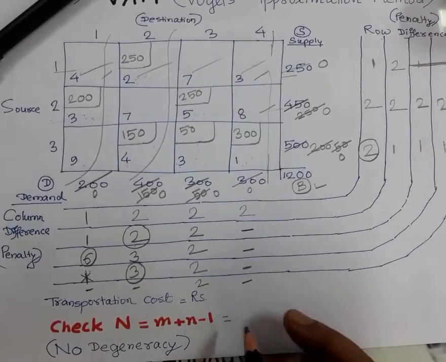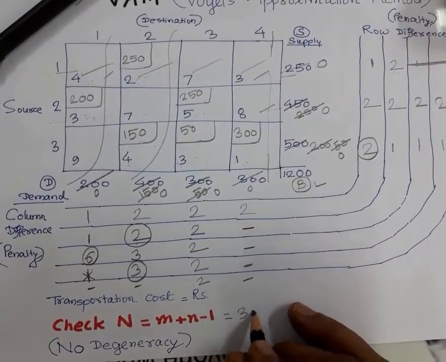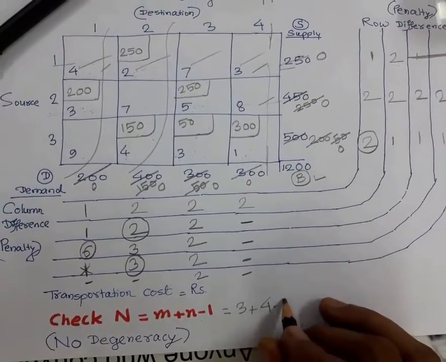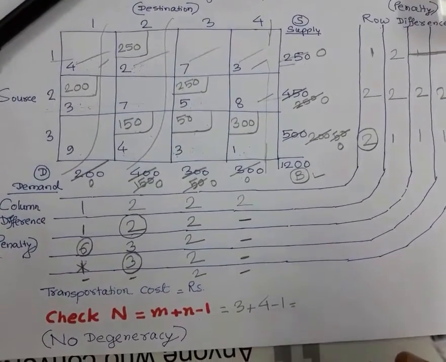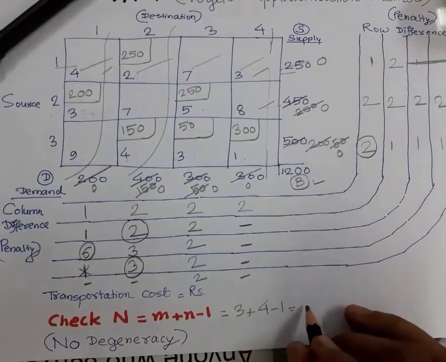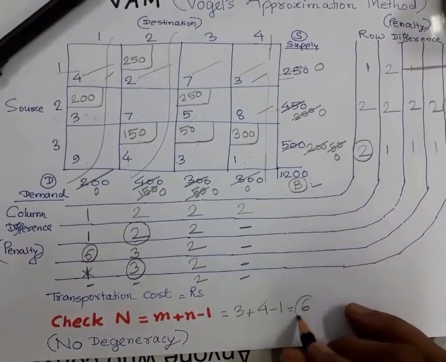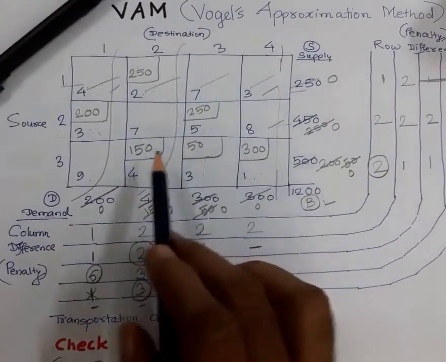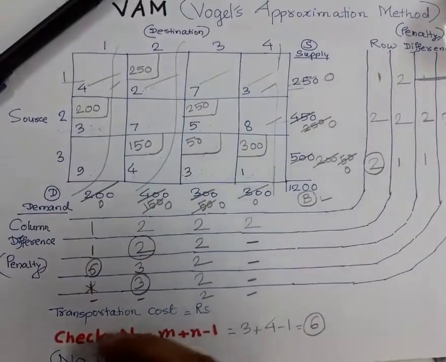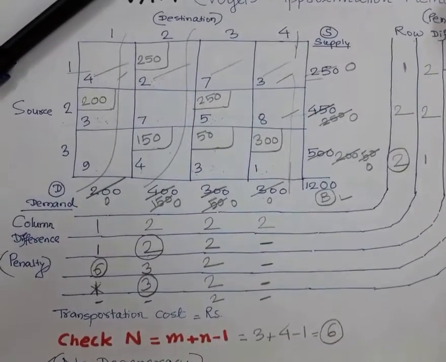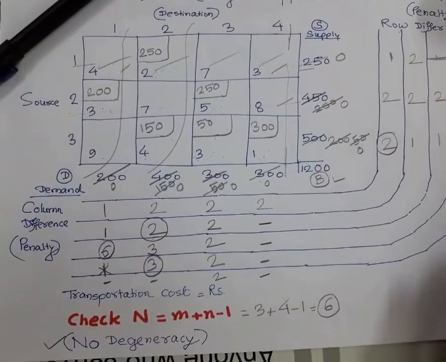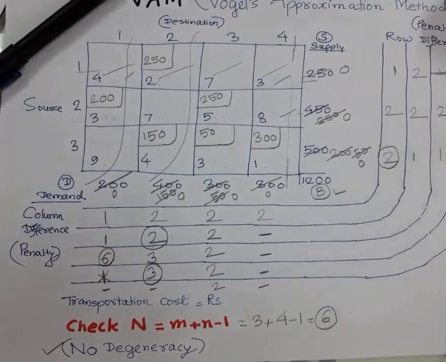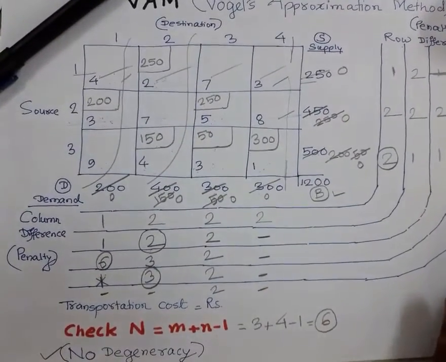Now we will see here 3 rows plus columns are 4 minus 1. The answer is 6. And number of allocations 1, 2, 3, 4, 5, 6. Yes. Now we can confidently say that there is no issue of degeneracy. This solution is the final solution.